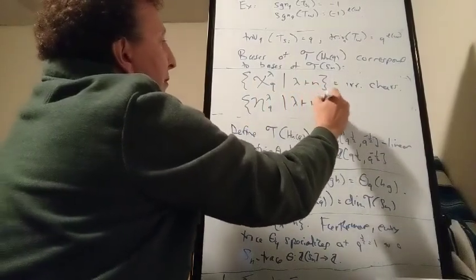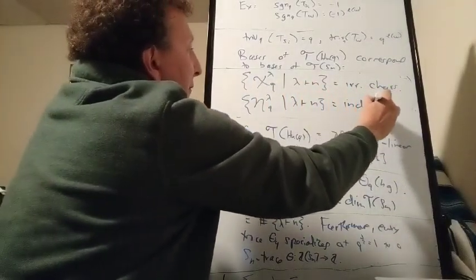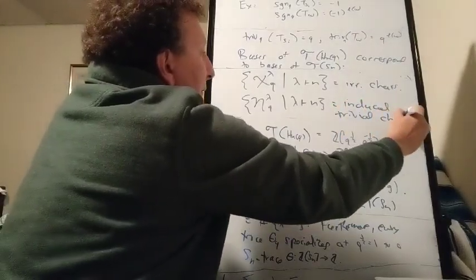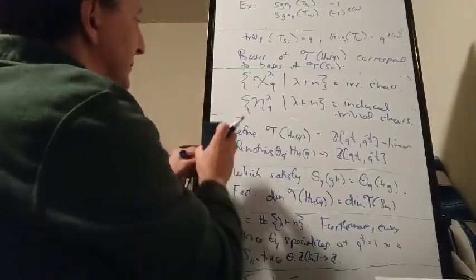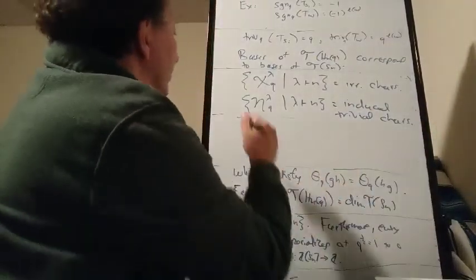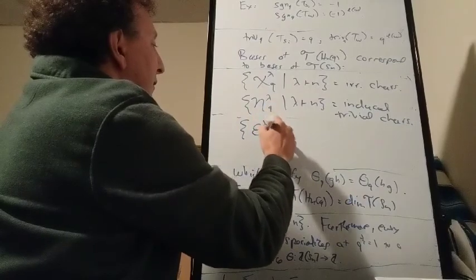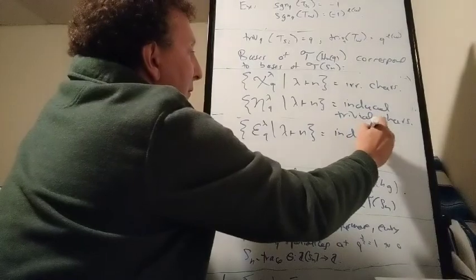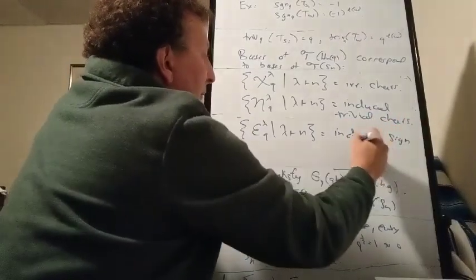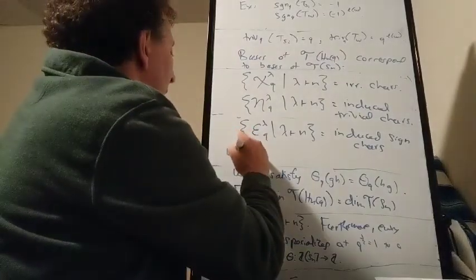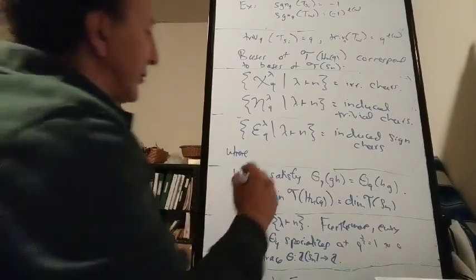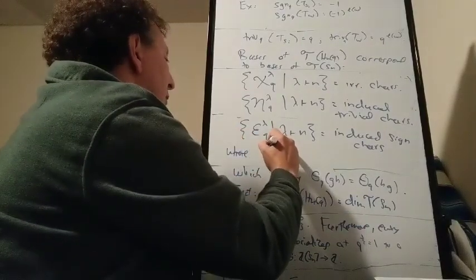We have induced trivial characters. And we have induced sign characters. Where induction means almost the same thing as in the symmetric group.